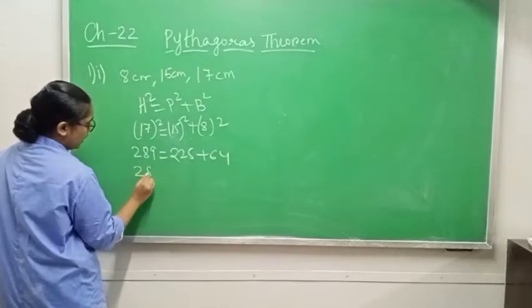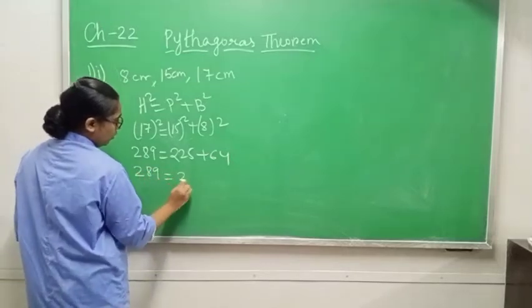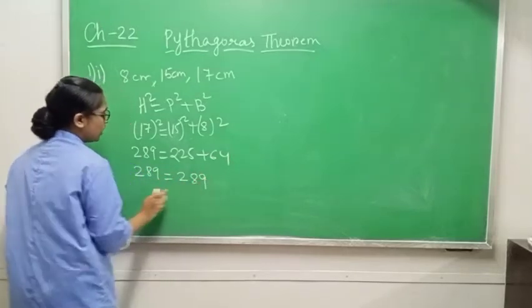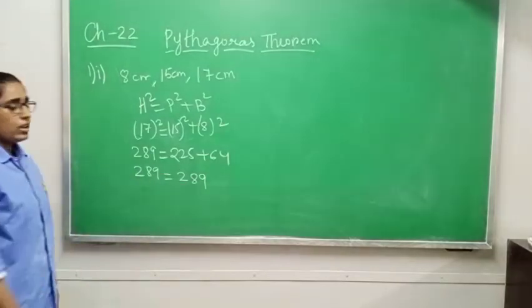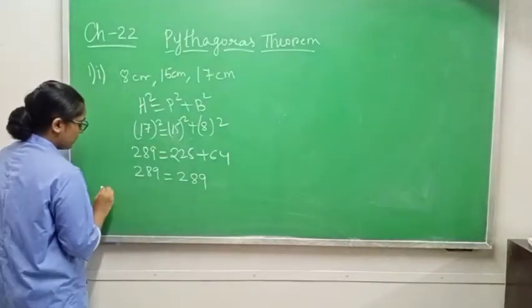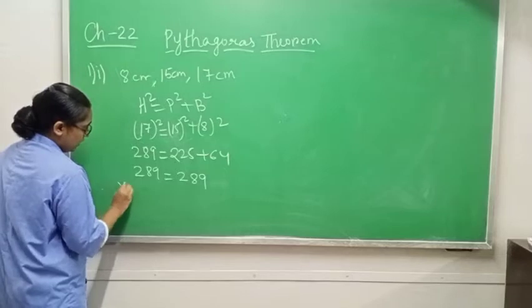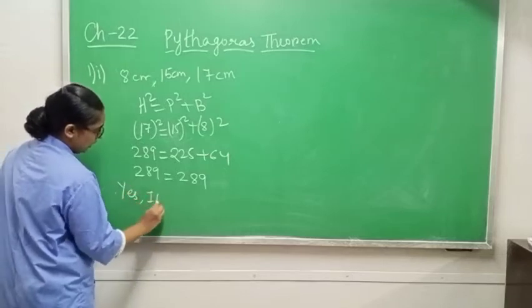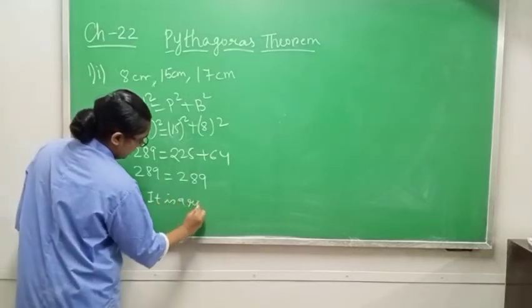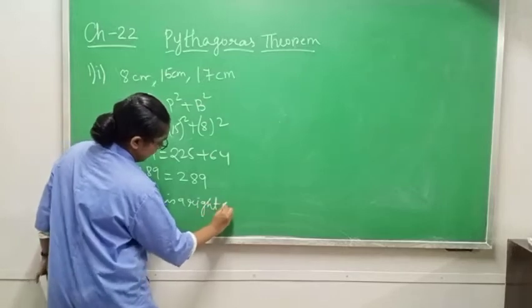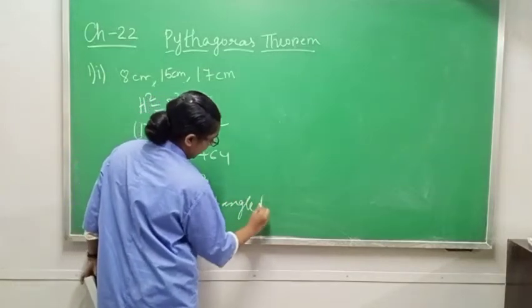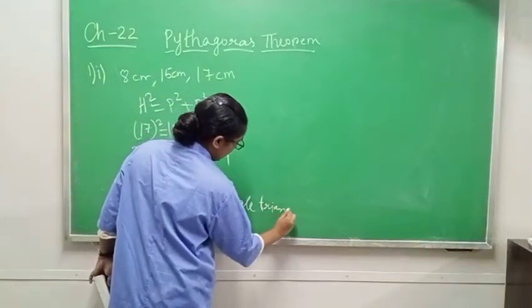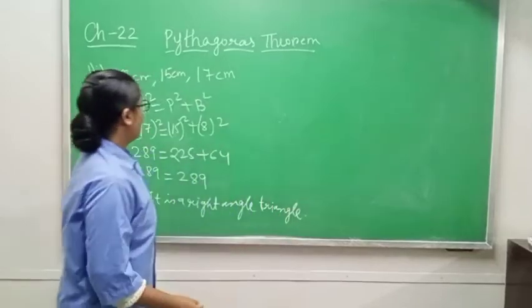When you add, you will get 289. Now you can see LHS equals RHS. When LHS equals RHS, then what will you say? Yes, it is a right angle triangle. Okay, understood? So this one is very easy. Copy this one.